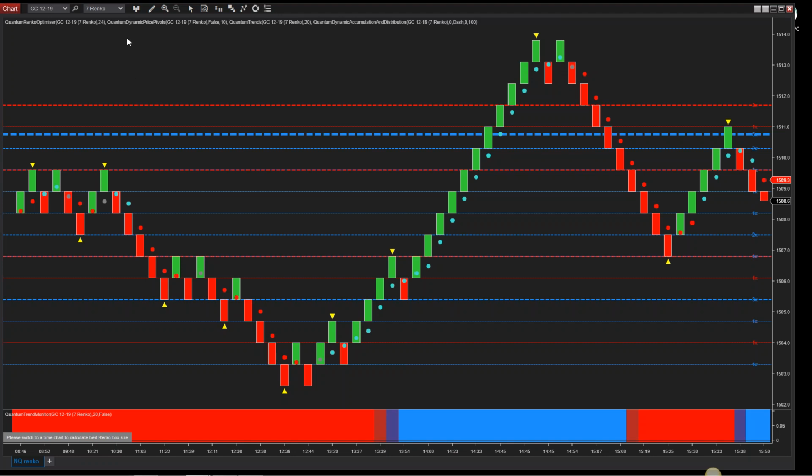Or alternatively, you set it to automate, and you do that through the user inputs, and then it will automatically tell you what, or deliver for you, the correct setting for this particular market at this particular time in the trading session. And we can apply any indicators to it. So we've got the trend monitor here, we've got the trend dots, and we've also got the accumulation distribution indicator here as well, all working together.